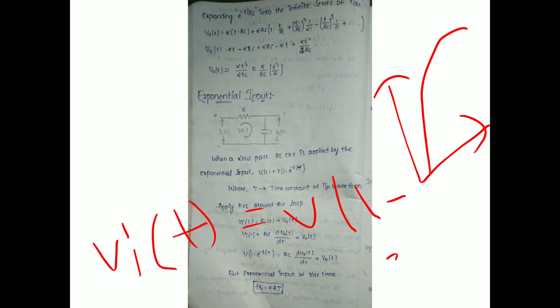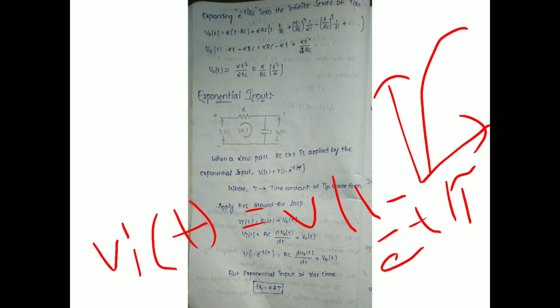So we are applying the input signal Vi of t is equal to V1 times (1 minus e power minus t by tau), where tau is the time constant.